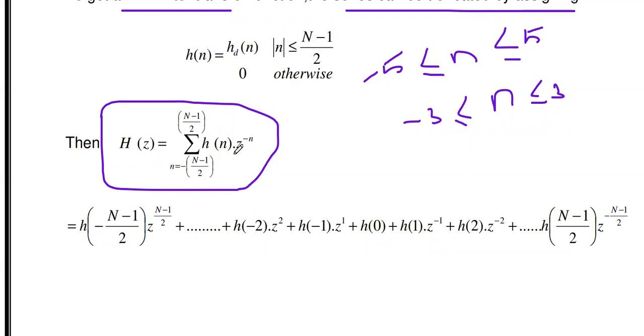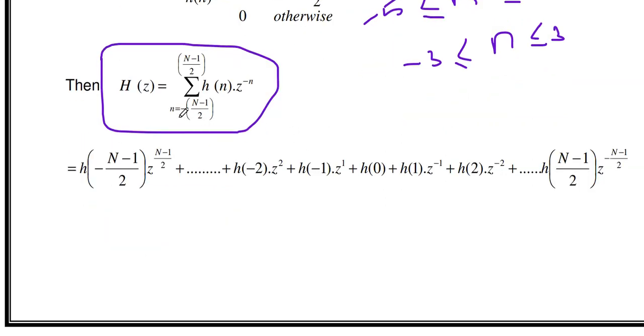Simply substitute the h of n values and expand the summation. Substituting the lower limit, instead of n we put minus of N minus 1 by 2, which gives h of minus N minus 1 by 2 into z power plus N minus 1 by 2.